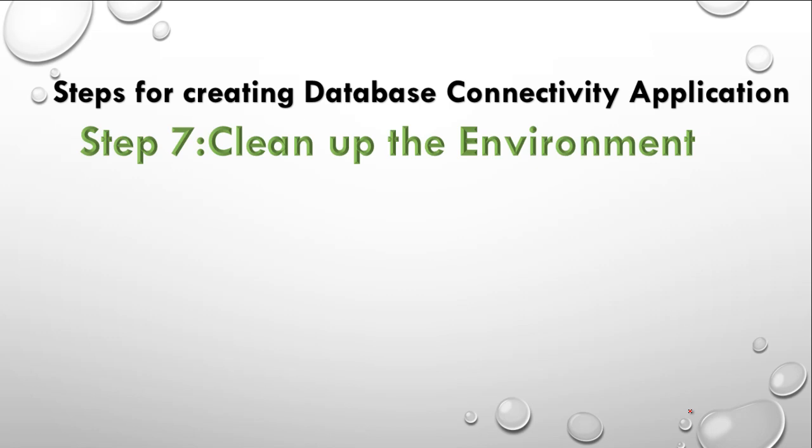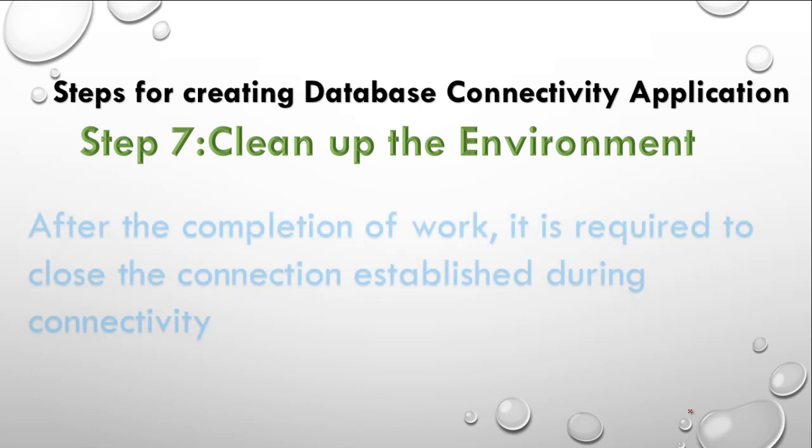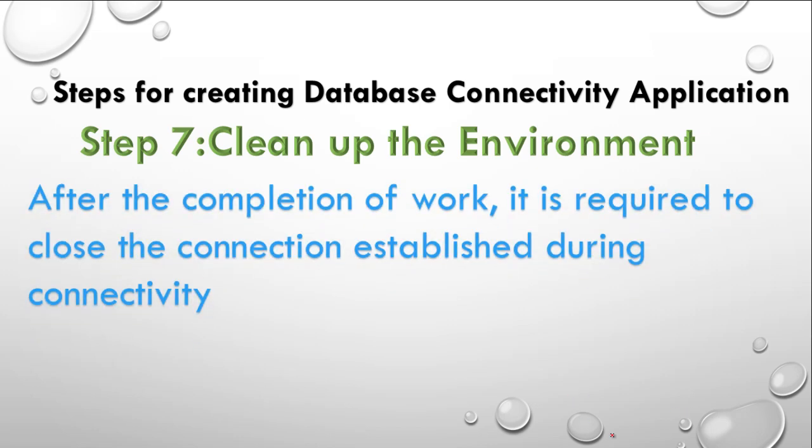So the seventh step is to clean up the environment, and here is how it is done. Once your work is complete, it is required to close the connection. We established a connection between MySQL and Python, so obviously we have to close it. How are we going to close this connection so that no further transaction can be performed between Python and MySQL?